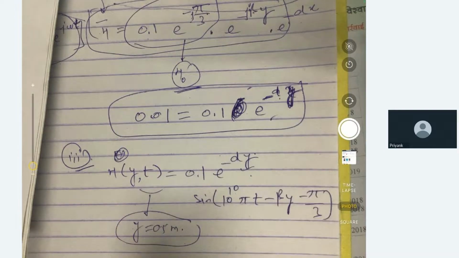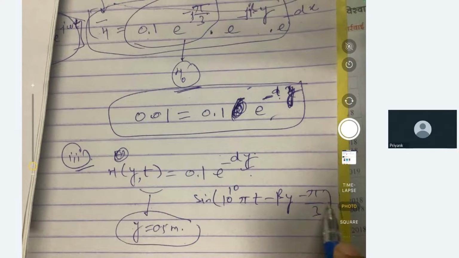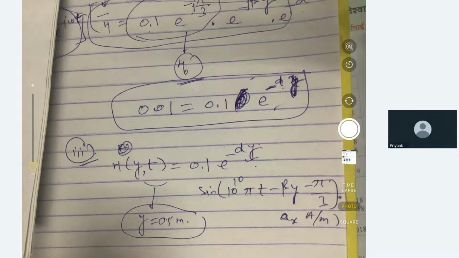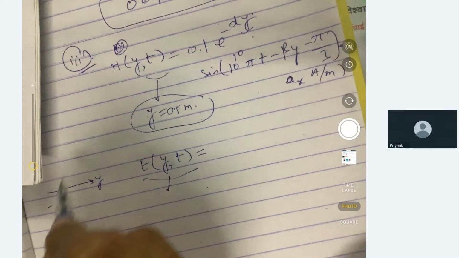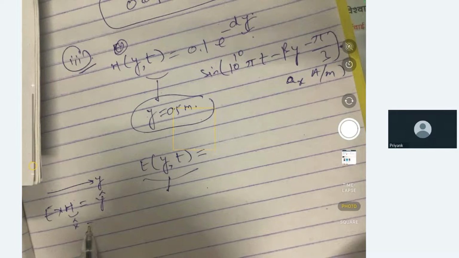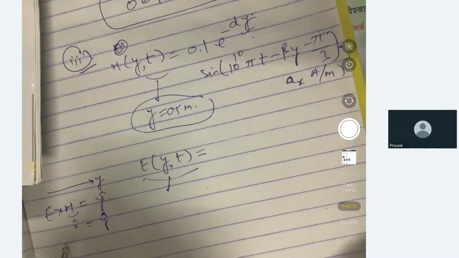So we have to write the unit vectors also, a_x ampere per meter, because the wave is traveling in the y direction and H is in the x direction. We know E cross H is the wave propagation direction. Here propagation is in y and H is in x, so what will be the direction of E?